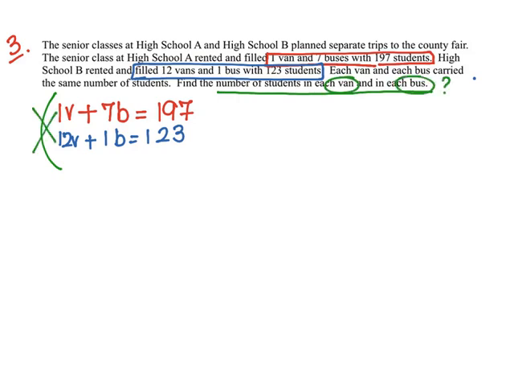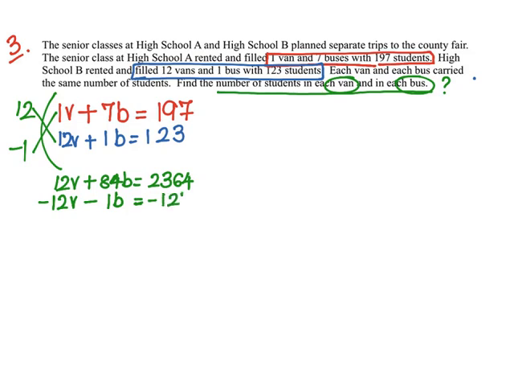We are going to do the same thing. Remember, flip-flop, change the sign of one of them. So I'm changing the sign of this one, and we distribute and have our new equations ready: 12v plus 84b equals 2364, and my second equation is negative 12v minus 1b equals negative 123.